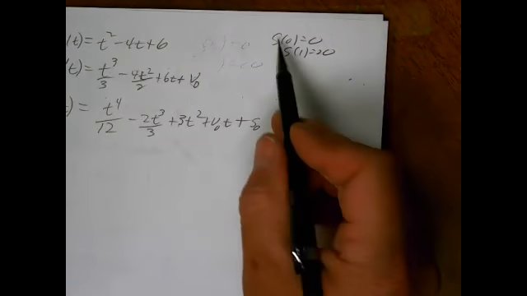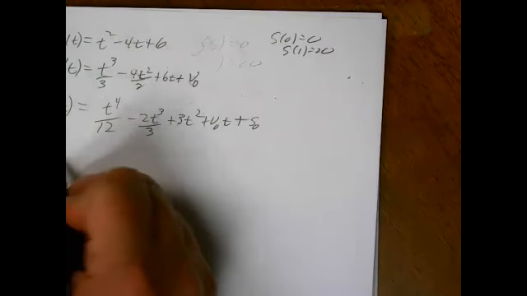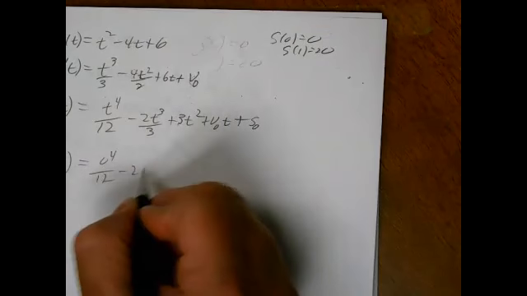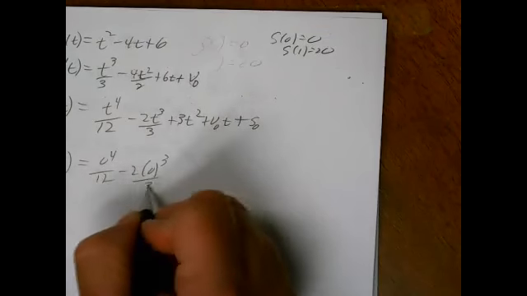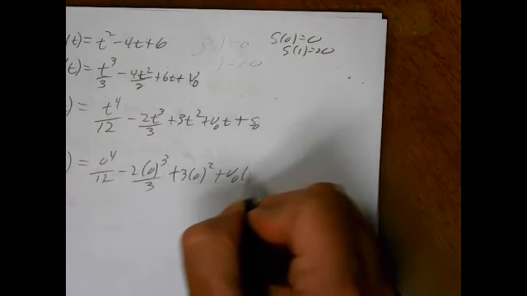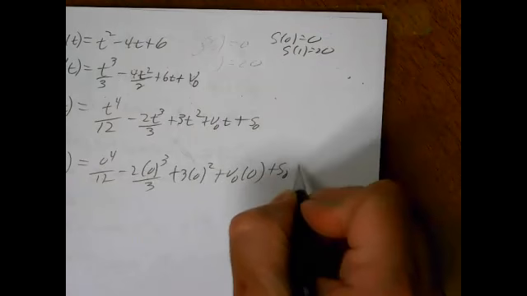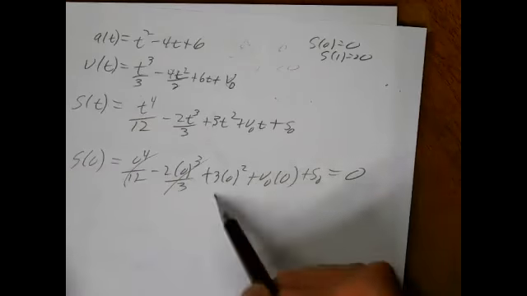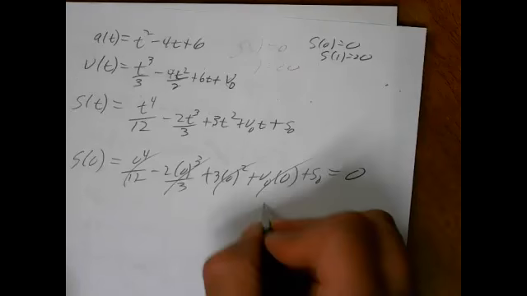All right, because I can come up here and say, well, S of 0 is 0 to the 4th over 12 minus 2 times 0 cubed over 3 plus 3 times 0 squared plus v naught times 0 plus S naught, and all that equals 0. Well, notice that this and this and this and this all 0 out.